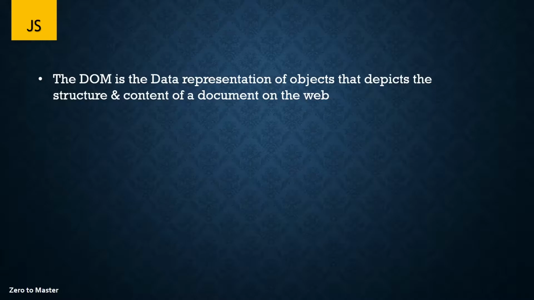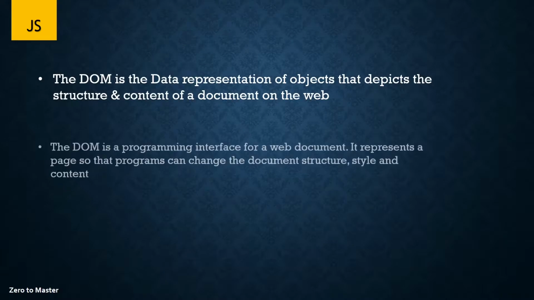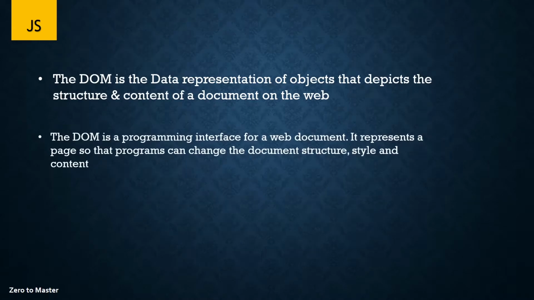In a web project, you probably have a cart page, a checkout page, an index page, which is the home page. Those represent your documents. On the web, we call them documents. So a DOM is basically the data representation of objects, how objects are structured and how the contents are structured on that page on your web. That's the way the web sees it.